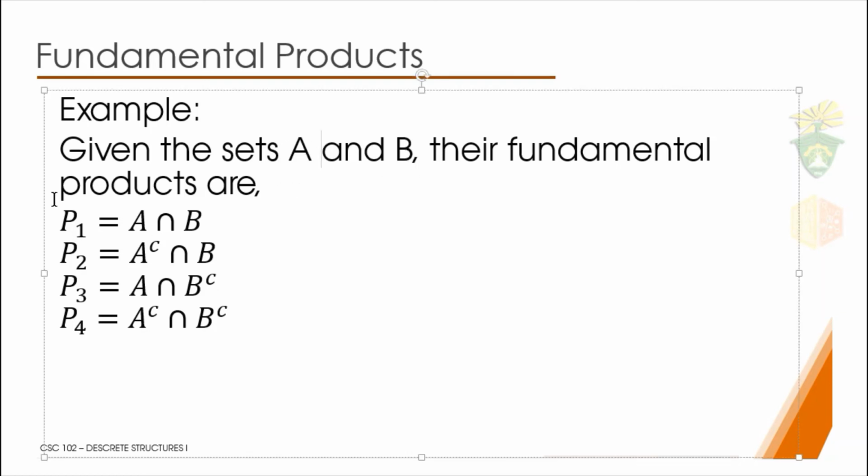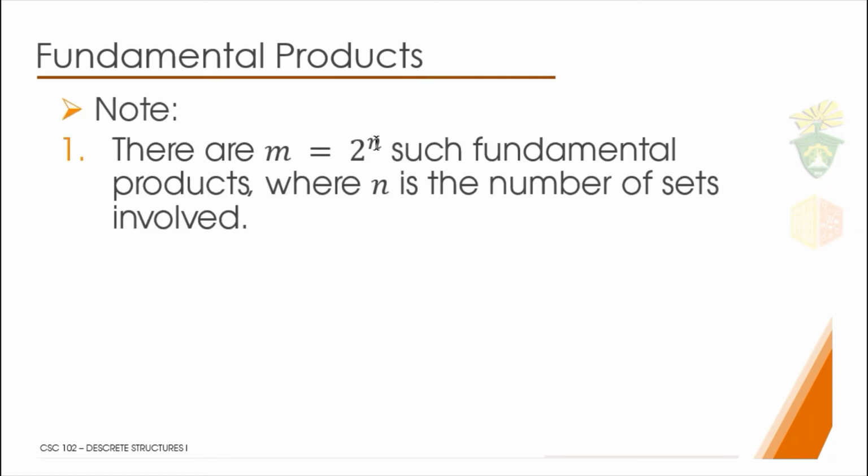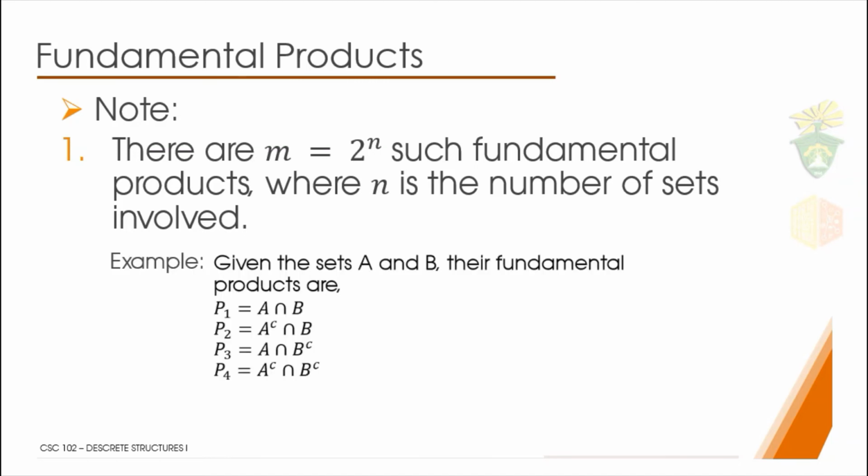If, for example, we have three sets, then this should be 2 to the 3, so this should be 8. There should be 8 fundamental products when finding the fundamental products of three sets. This is the example I just gave to you. It has four fundamental products since we have two sets, and 2 to the 2 is 4.